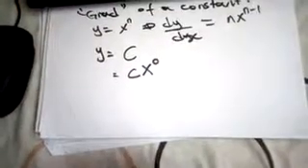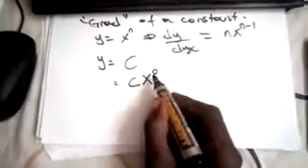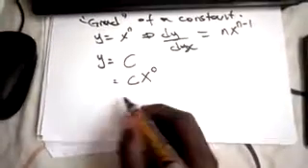x power 0 is 1. So meaning that this one can be written as the constant times x power 0. Hope that is clear. Constant times x power 0. And if we are to apply this formula here, we said that we multiply by the power and reduce the power by 1.